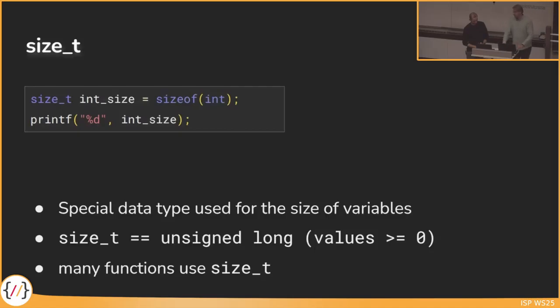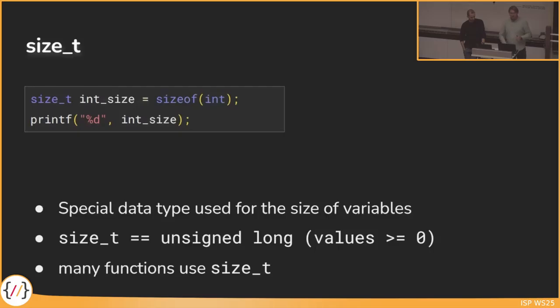So assuming a 64-bit architecture, it's 8 bytes. And the great advantage of this data type is that there can't be any negative values stored in a size_t variable. And why do we even need a size_t?